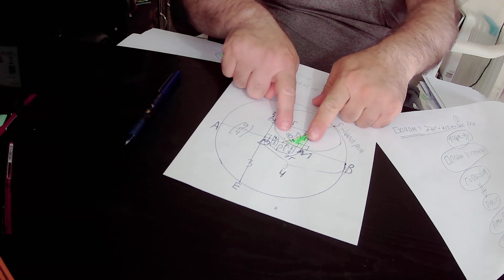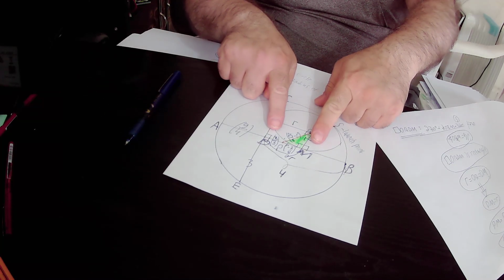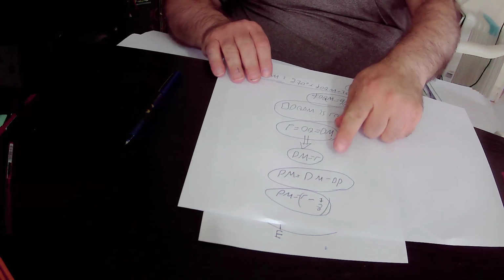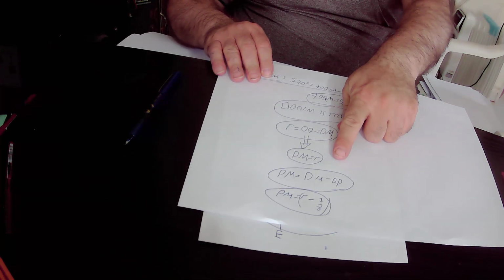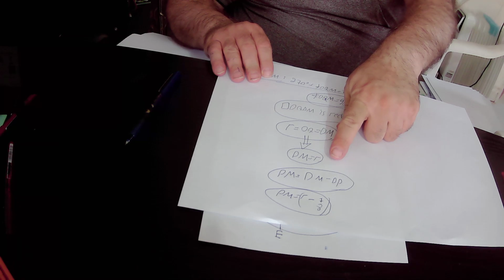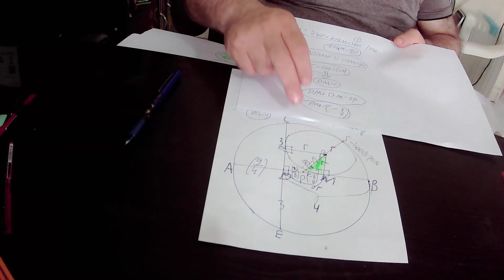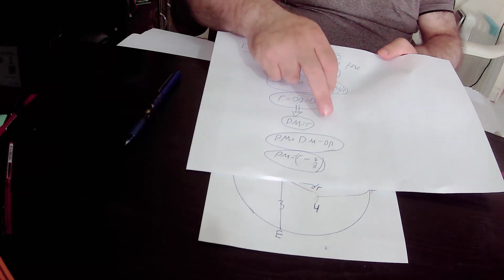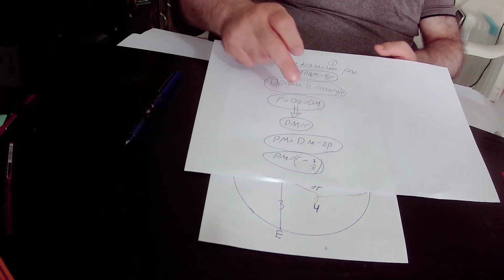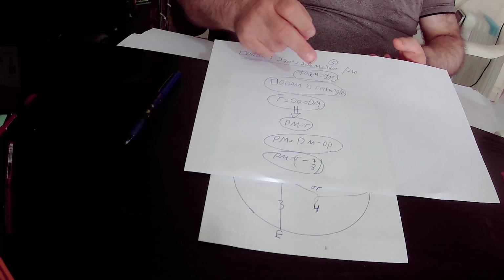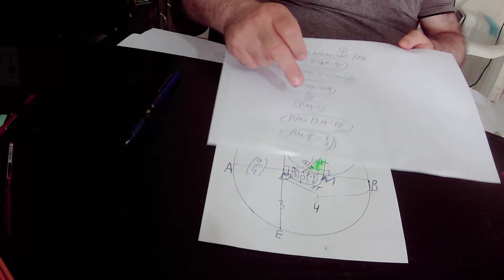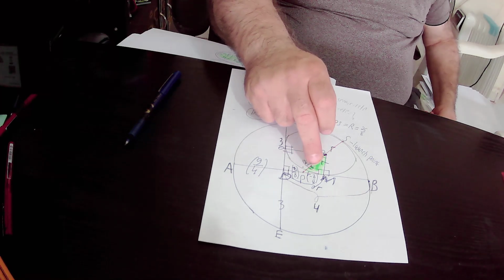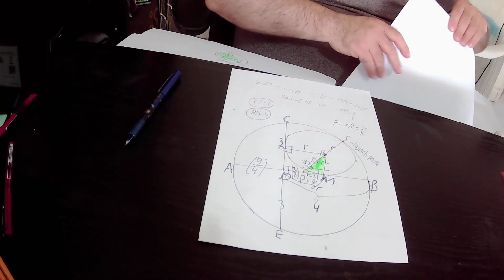DM equals small r. We have already found out that DP equals 7/8. So in conclusion, PM equals small r minus 7/8. Okay?